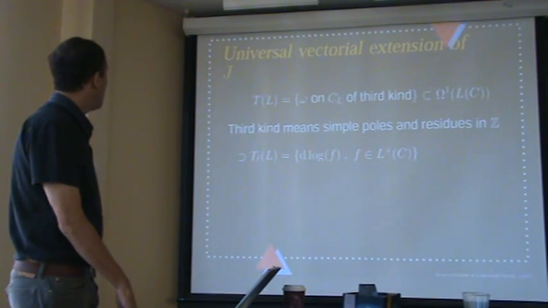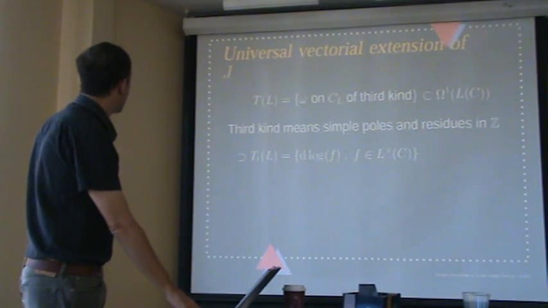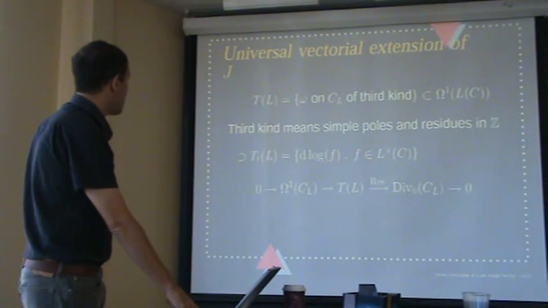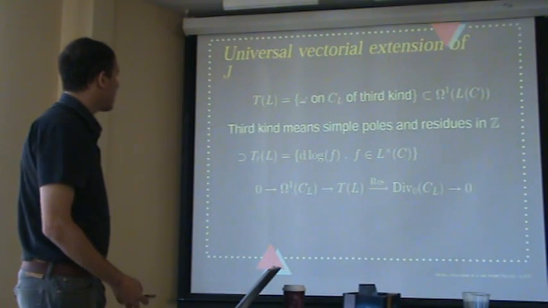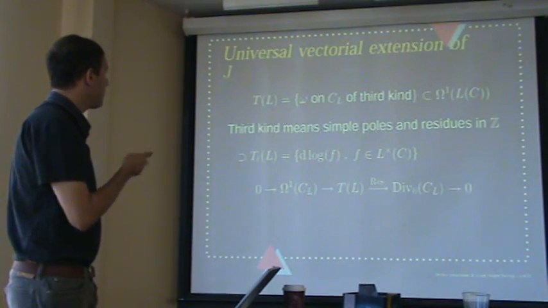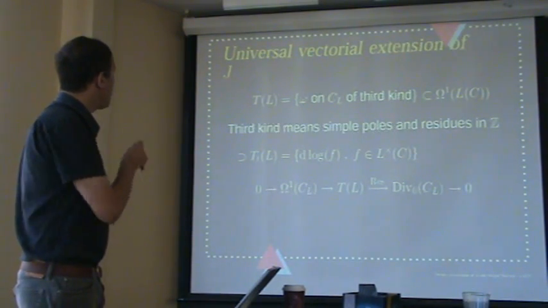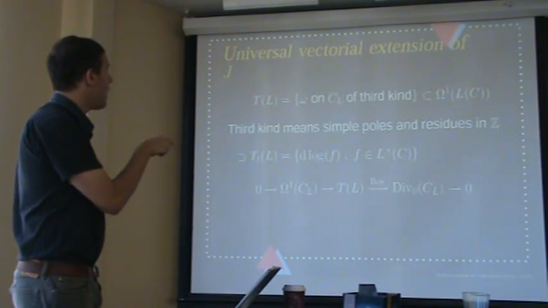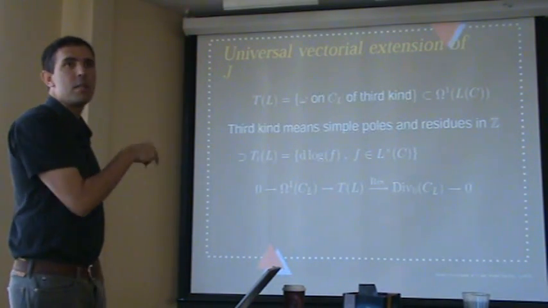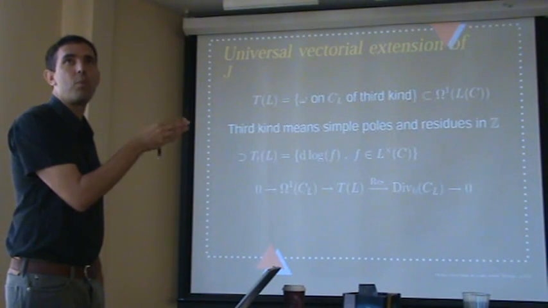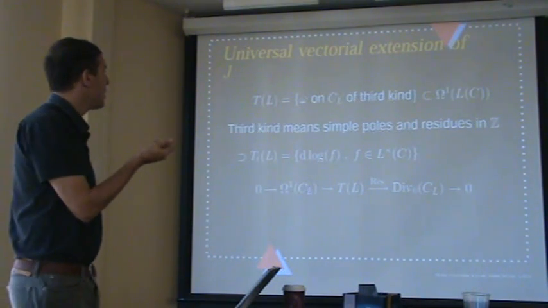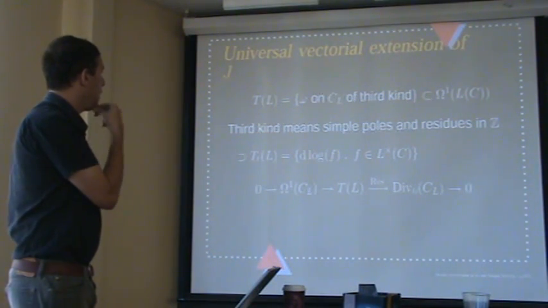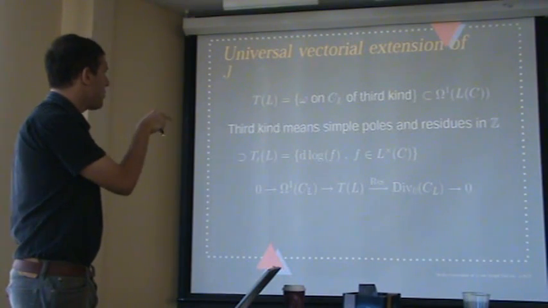Okay, so you have these logarithmic forms, and now there's the following nice description. There's a residue map from the forms of the third kind to divisors on C_L, where you take the sum of points with their residues.